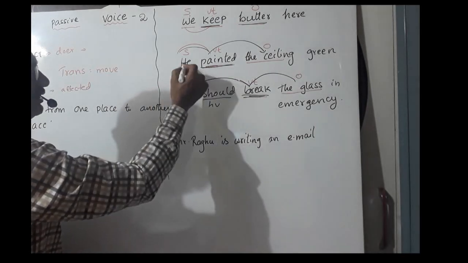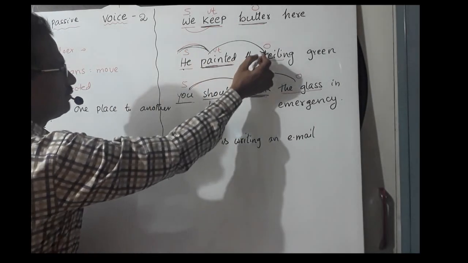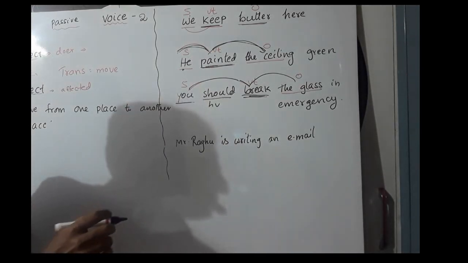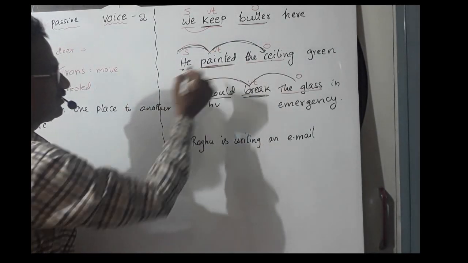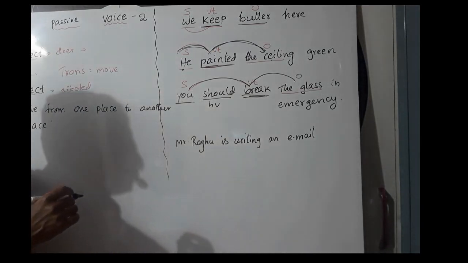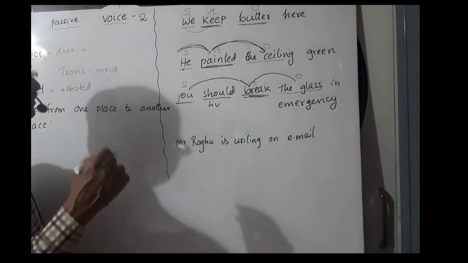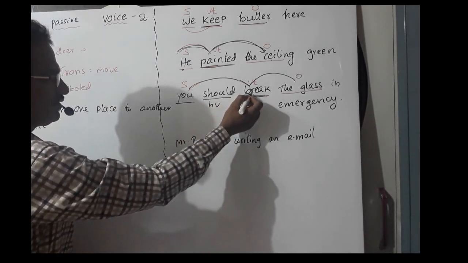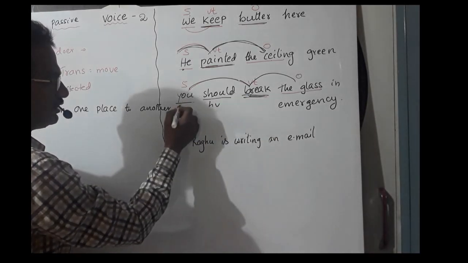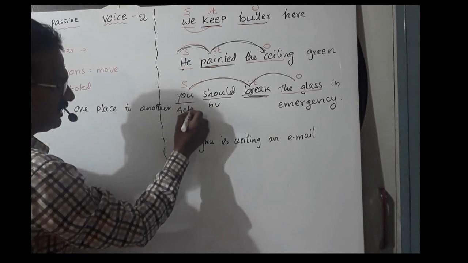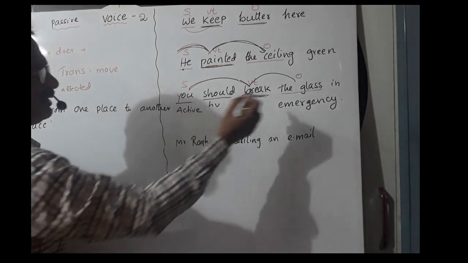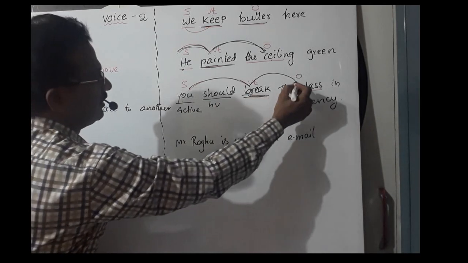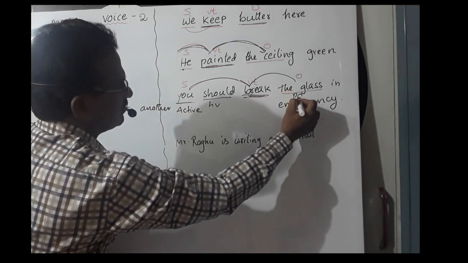Painted is the action in which both subject and object participate, but the active role is the subject. The passive participation in this action is the object. Active's opposite word is passive. Break: who is the active doer of this break activity? You. So the doer of this action is the active participant. The glass unknowingly participates in this action, so it is said to be passive.